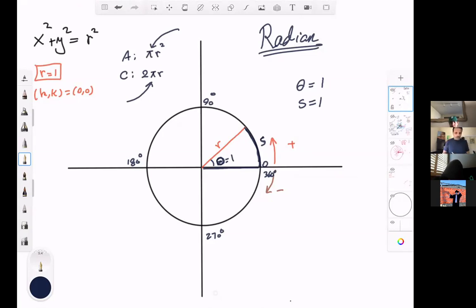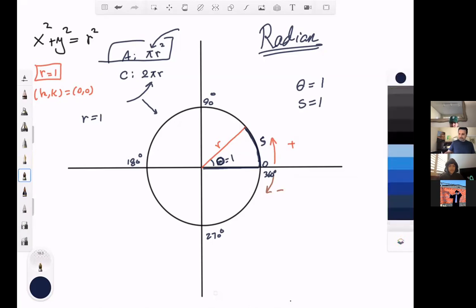We don't want to worry about the area. Area is out. What is the circumference of this circle if r equals 1? What is the circumference? 2 pi.